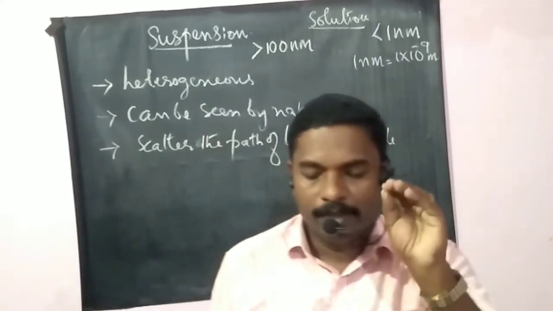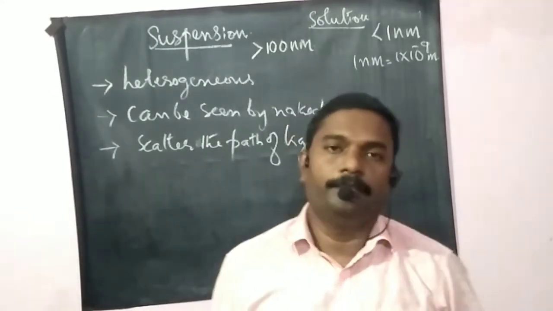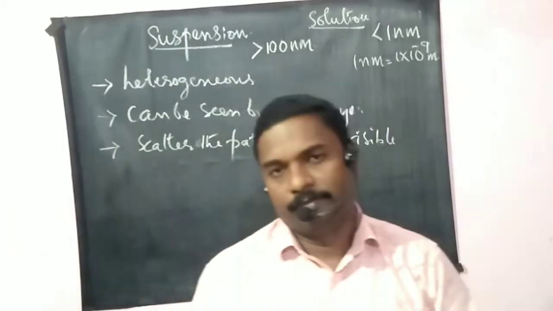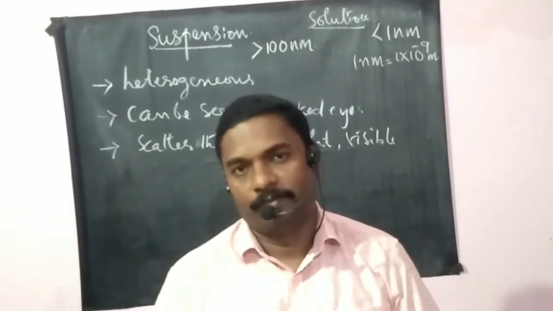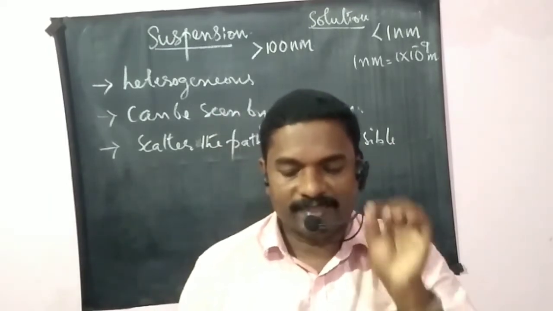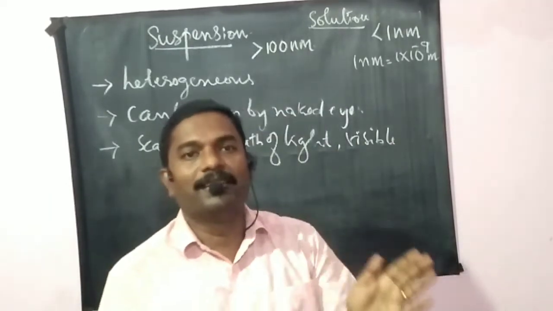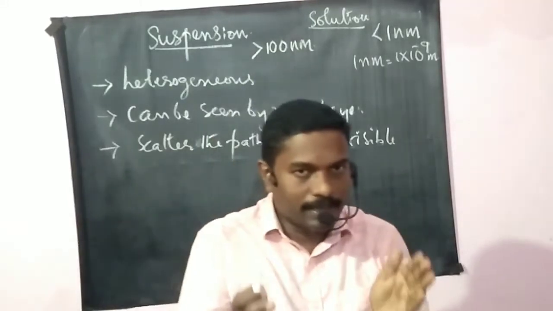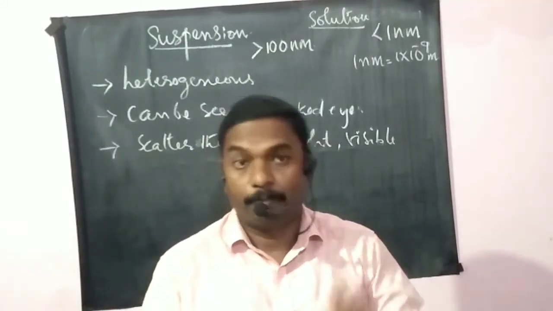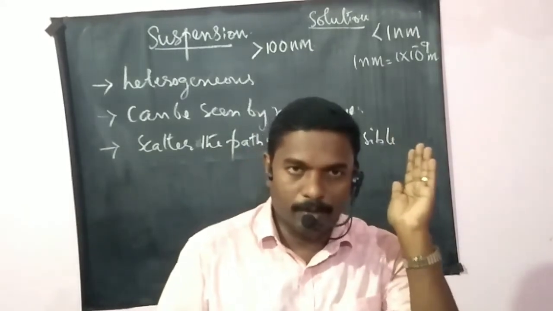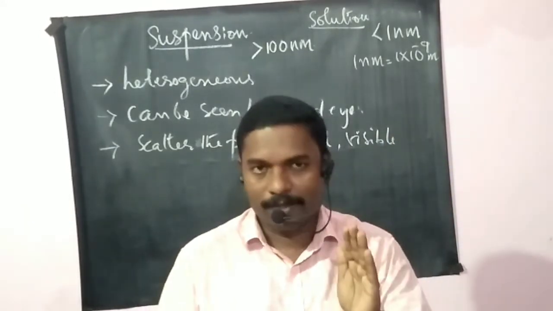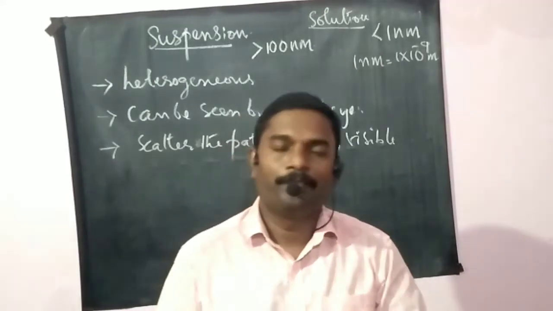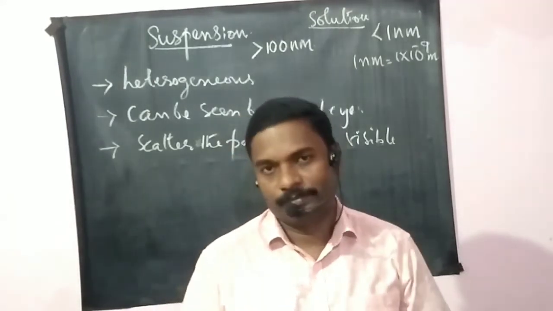And what is the fourth property? The solute particles settle down when a suspension is left undisturbed. See, the mixture obtained in activity 2.2 as group C is a suspension.